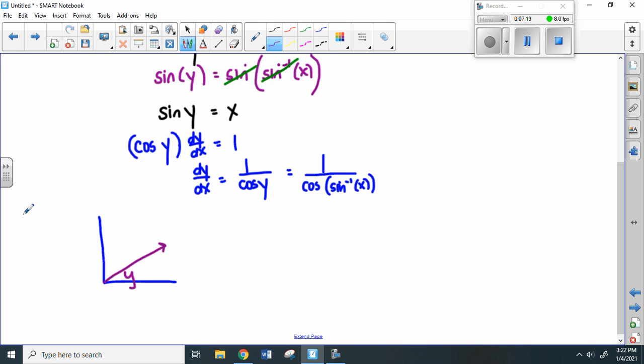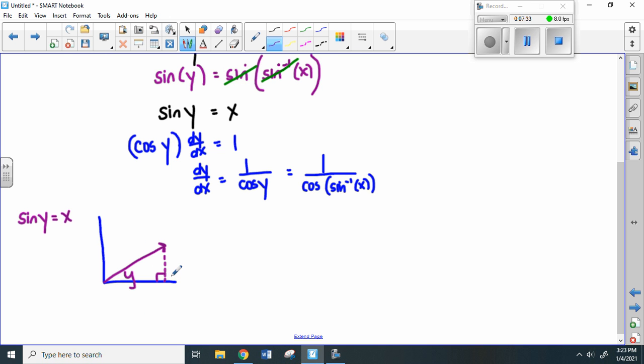The reason I'm doing that is because I know that sine of y equals x, and that's enough information to turn this thing into a right triangle and fill in the values of the sides.